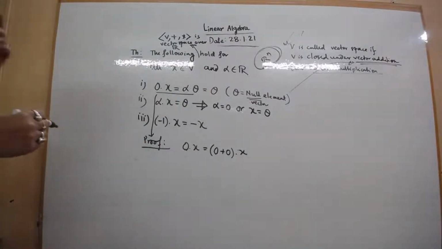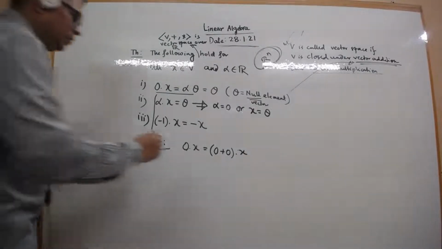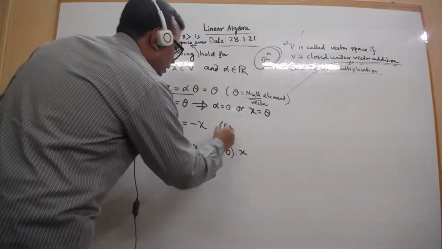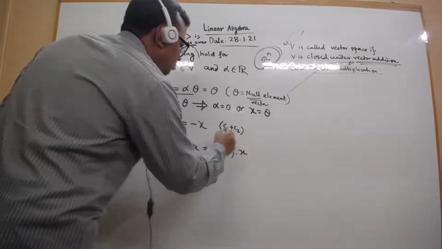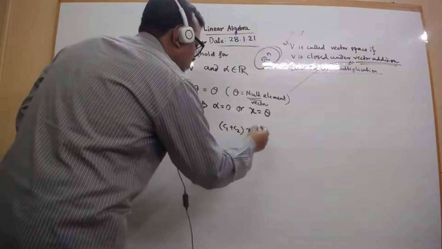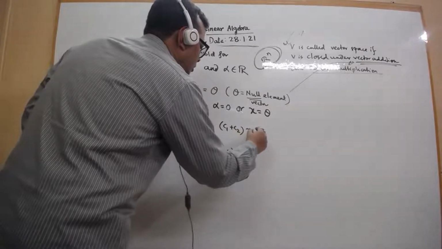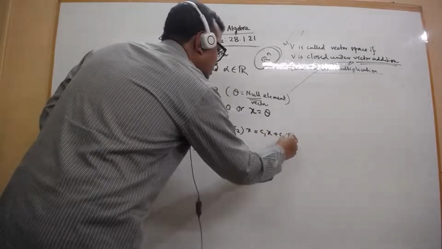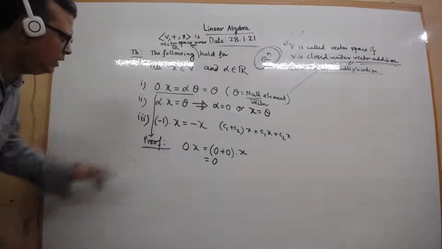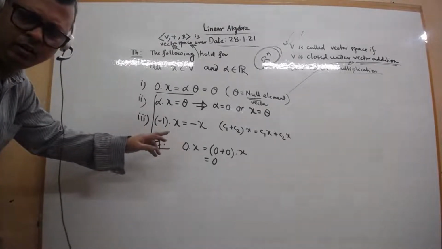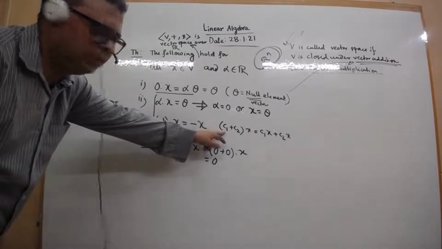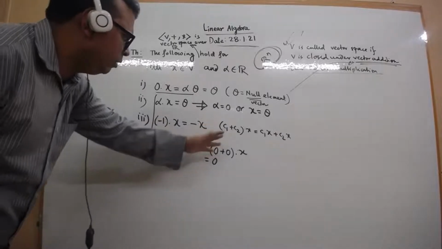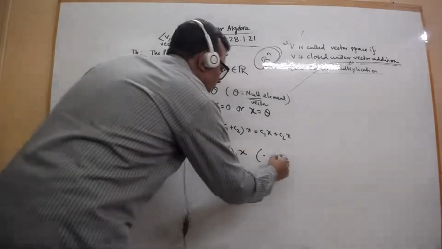Now I use the distributive axiom, (C1 plus C2) x equals C1 x plus C2 x. I think it is the 7th, 8th or 9th axiom, I forgot. Please mention the number here.